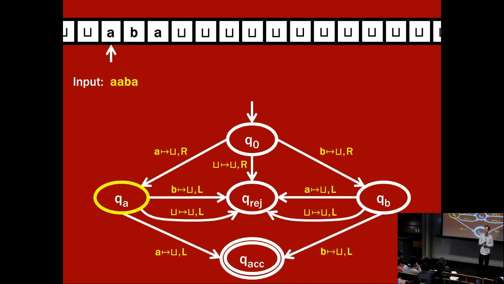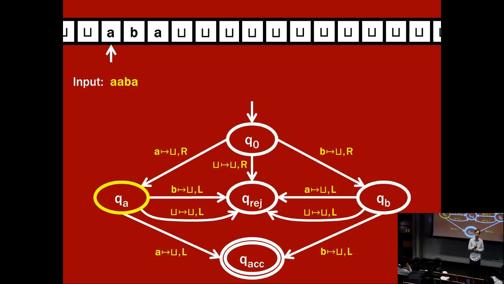What's the next thing that will happen? What state will we go to next? Yeah, so right now, we're looking at symbol A, so we follow the A arrow, which is this one. And that tells us to write a blank into this square, move the tape head left, back here, and go to this state, Q accept.